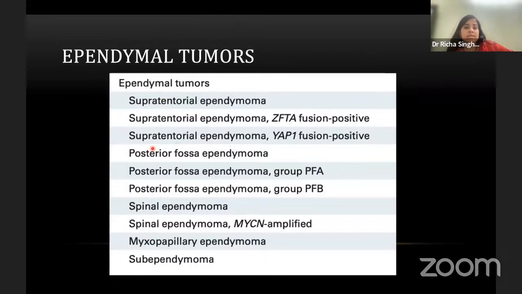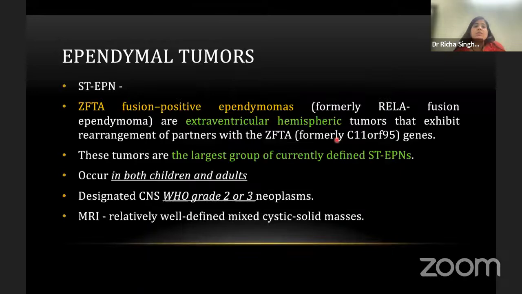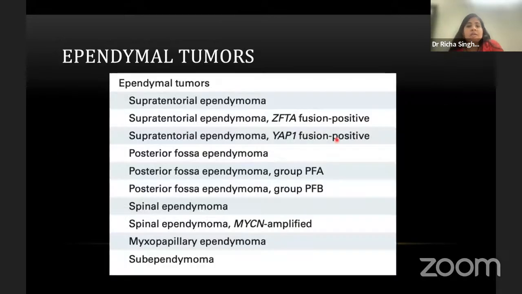So 3 sites are defined, that is supratentorial, posterior fossa, and spinal. Now supratentorial have been further divided based on the molecular, the gene involved, that is ZFTA fusion positive and the YAP1 fusion positive. So basically the morphology of these supratentorial ependymomas is similar, whether it is ZFTA fusion positive or YAP1 fusion positive.